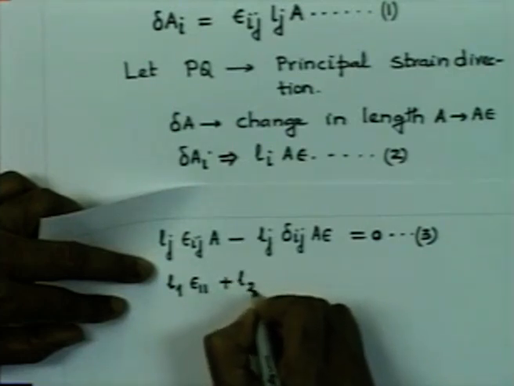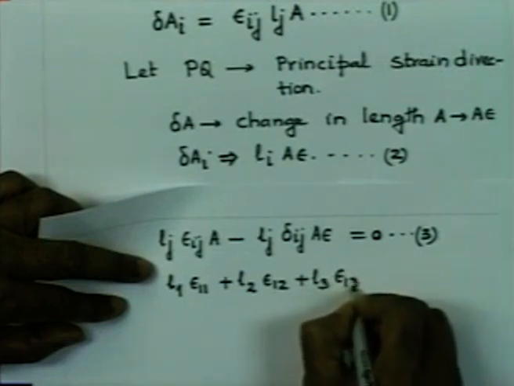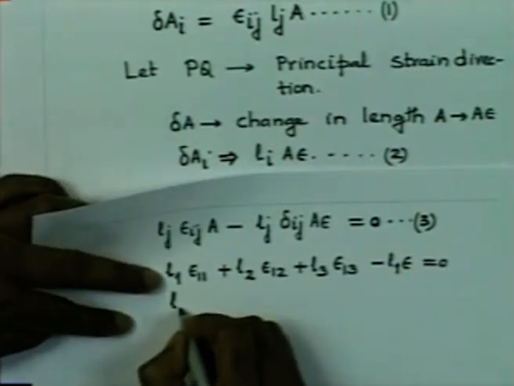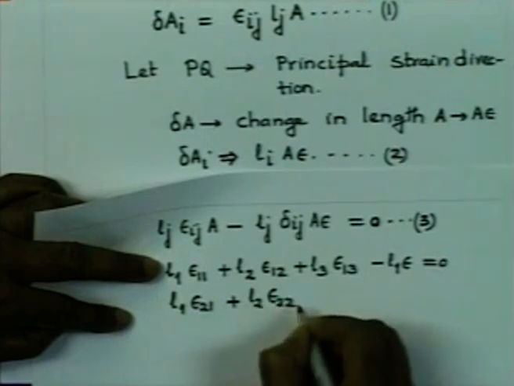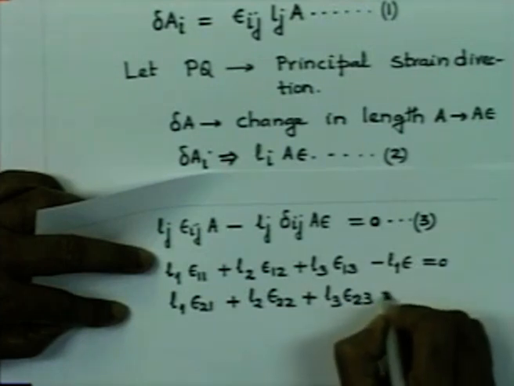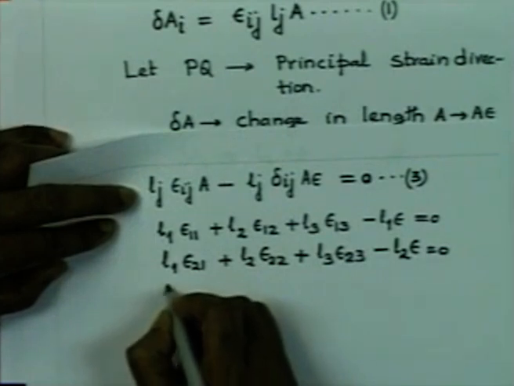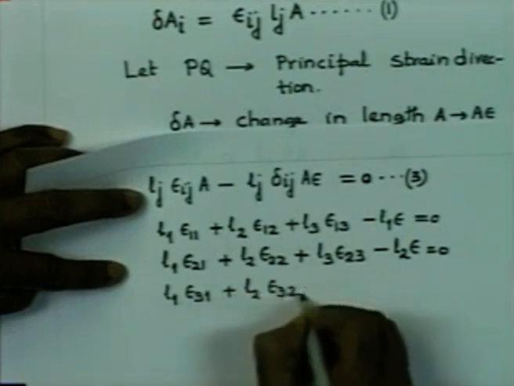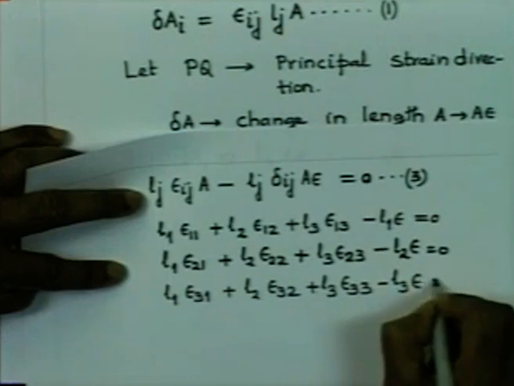If we expand it, you will find that this is nothing but L1 into epsilon 11 plus L2 into epsilon 12 plus L3 epsilon 13 minus L1 into epsilon equal to 0, and L1 into epsilon 21 plus L2 into epsilon 22 plus L3 epsilon 23 minus L2 into epsilon equal to 0, and L1 epsilon 31 plus L2 epsilon 32 plus L3 epsilon 33 minus L3 epsilon equal to 0.